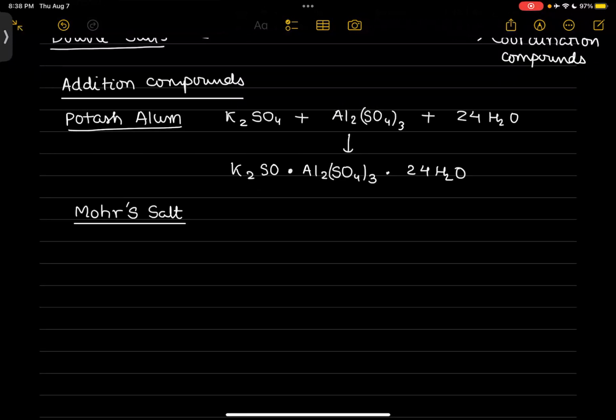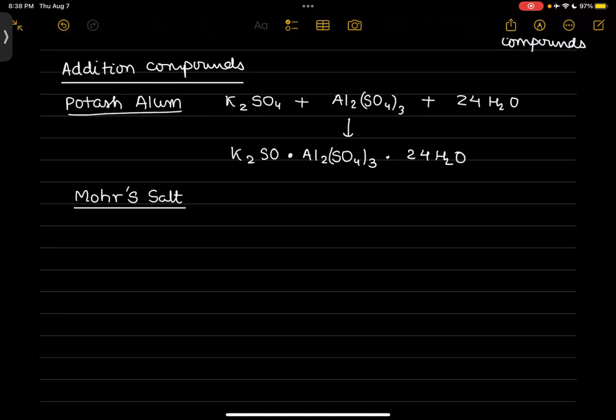Mohr salt. So is it used in titration experiment? Yes, it is used in titration experiment. Exactly. That's true. So basically, what is Mohr salt? It has iron in it.